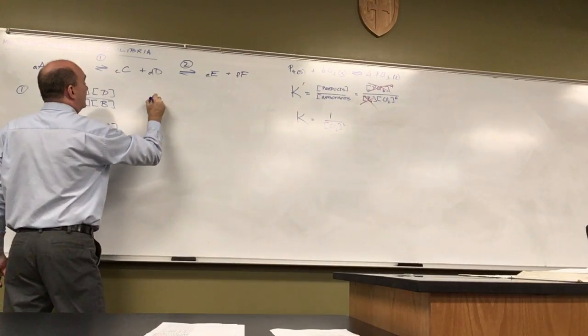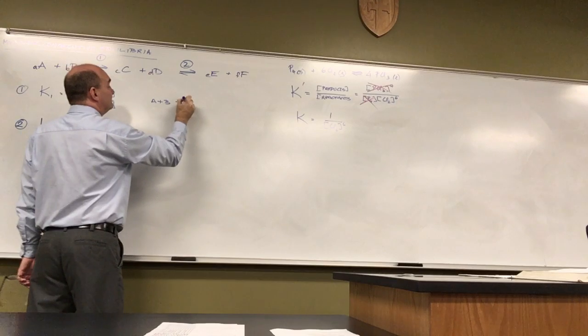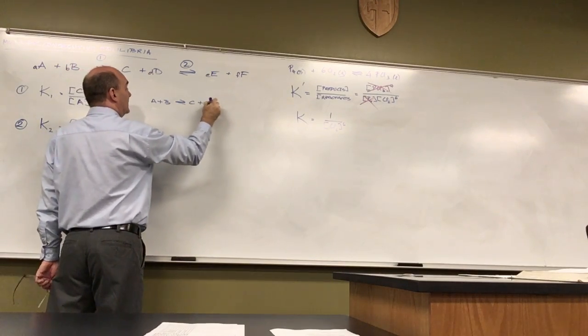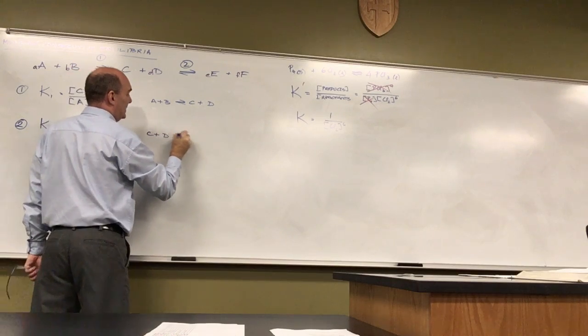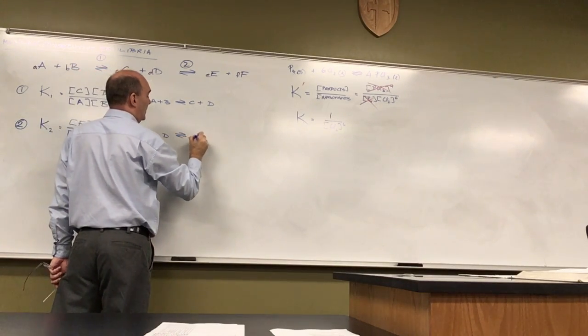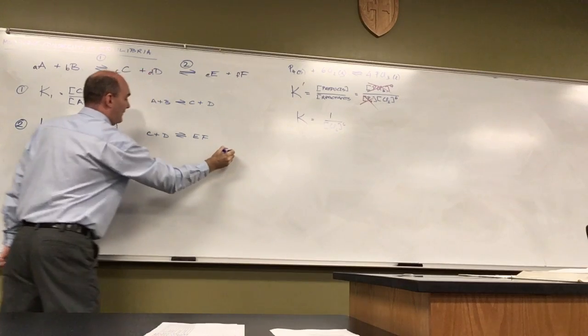So step 1 represents A and B going to C and D, and step 2 represents C and D going to E and F.